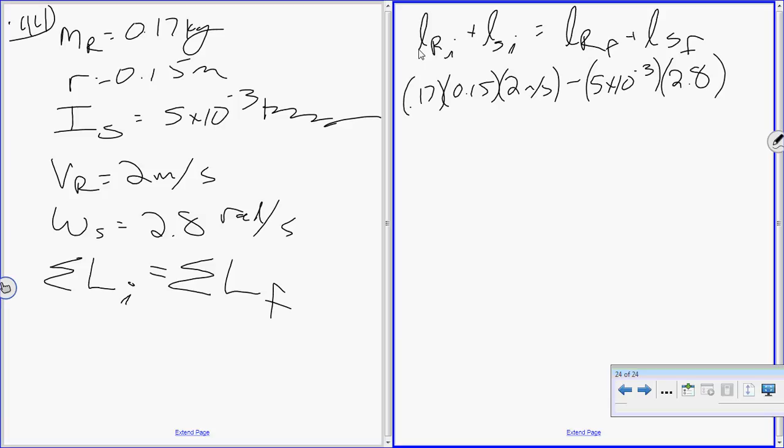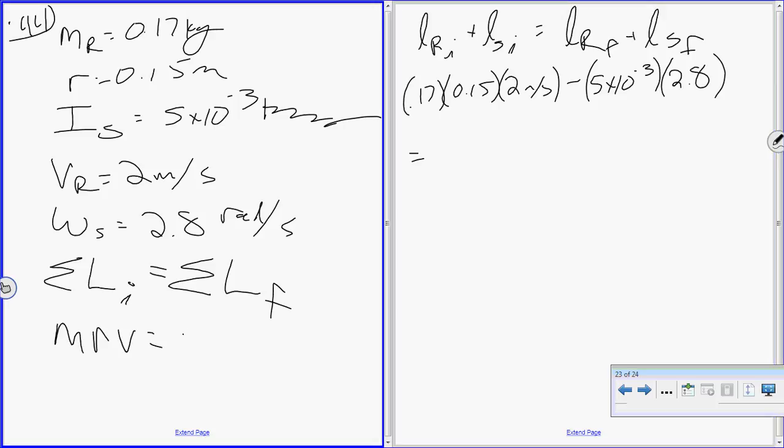After he stops walking, what's going to be true? We're going to have the same angular velocity, right? So I need a way to rewrite. There's a few ways you can handle this. I did mrv before.